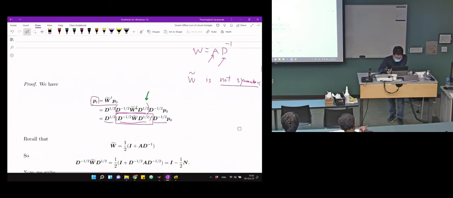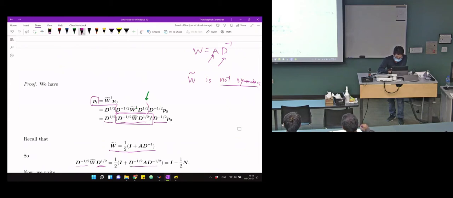Why? Because you have that W_theta is this. If I multiply on the left by D to the minus 1/2, and on the right by D to the 1/2, then basically the second term will be this thing, and this is now symmetric.